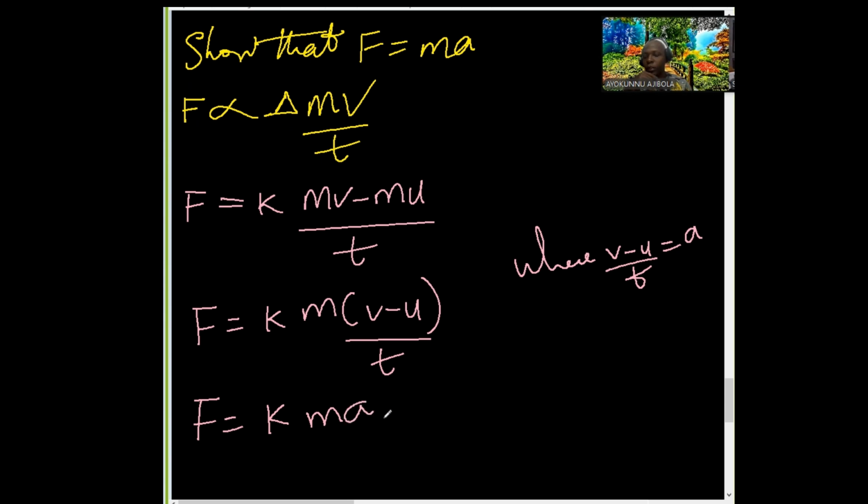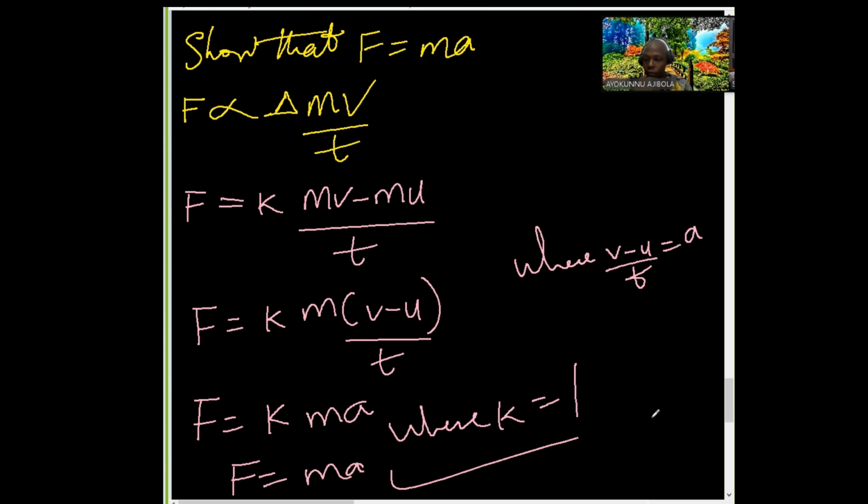Then F equals kma. It is assumed that the constant equals 1, then F equals ma. Is that clear?